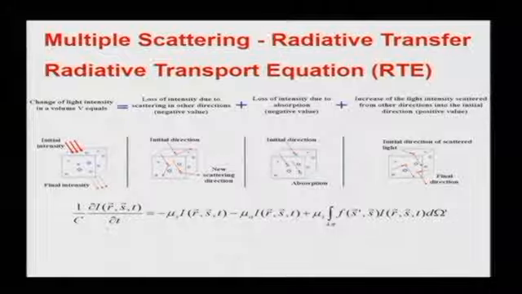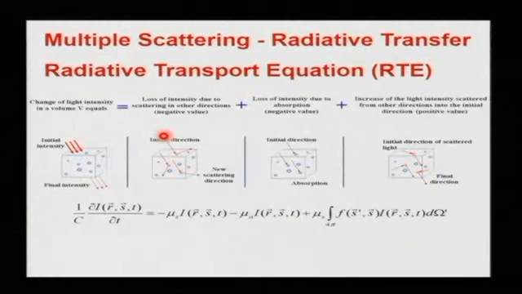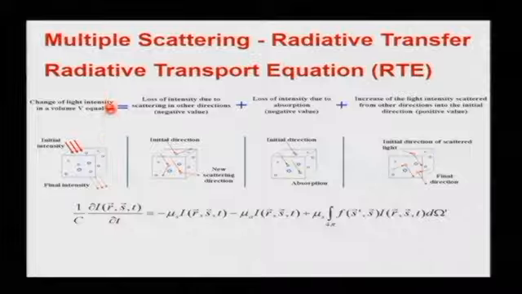So why do we do that? This comes from the development of the theoretical description of how light propagates through the medium. One well-known way is based on the radiative transport equation.